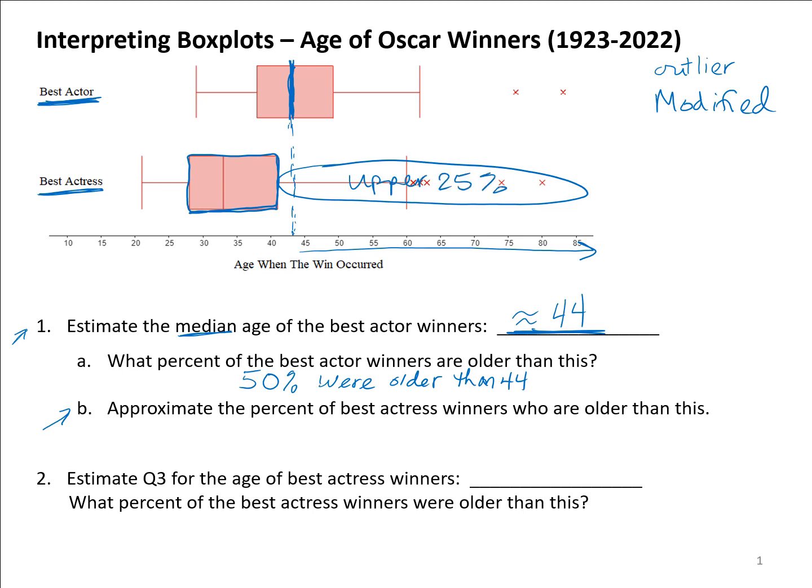And we're further up, so it's hard to say exactly what percentage of Best Actress winners are older than 44, but we know that it's 25% or less because we're totally above the entire rectangle of the Best Actress box. So 25% or less of actress winners were older than 44.